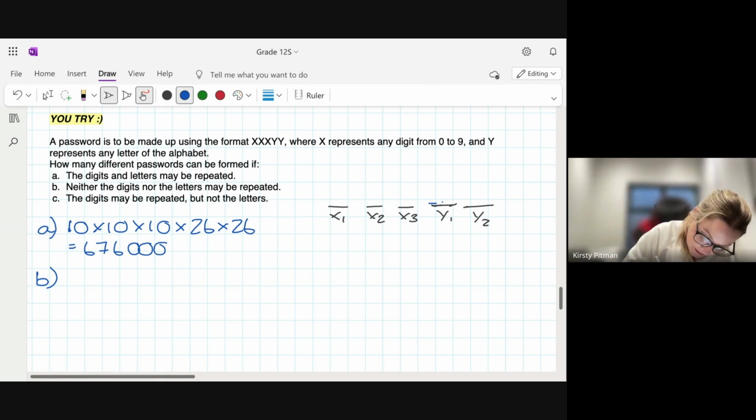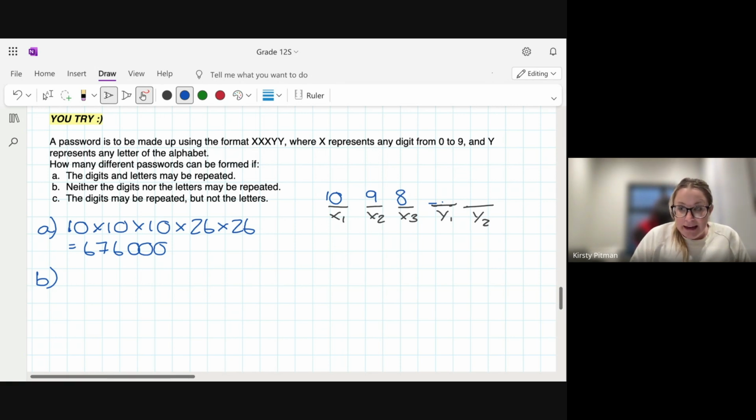So for the first number, I've got 10 options. For the second option, I've got 0 to 9, but I've already used one as the first one. So actually, I only have 0 to 8, which means I only have 9 options. And then for the third one, I'm only going to have 8 options.